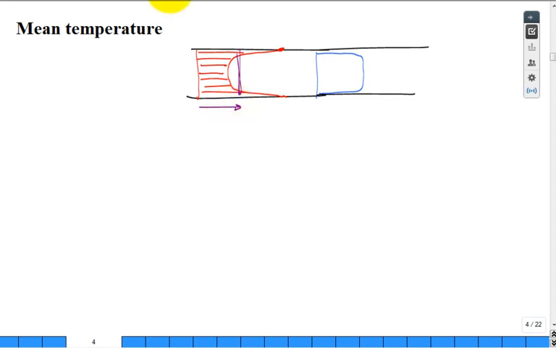So how do we come up with this Tm, this mean temperature? We go back and we say, well, we had that mass flow rate times the specific heat times that temperature. I would like that to be the mean temperature.